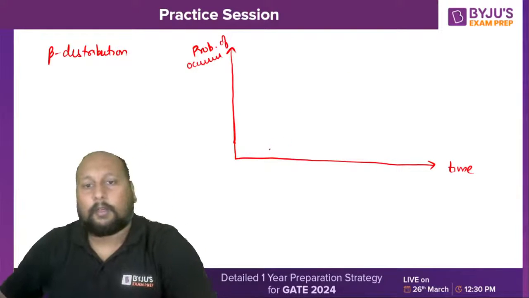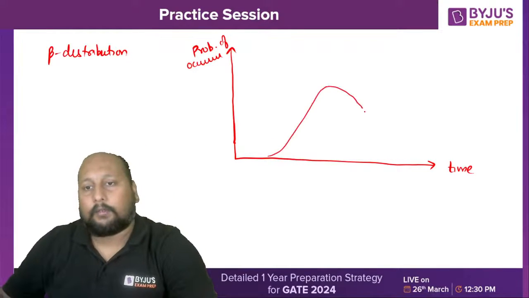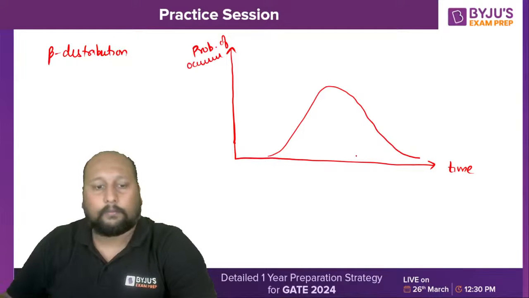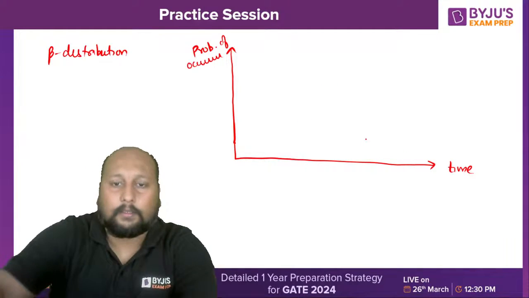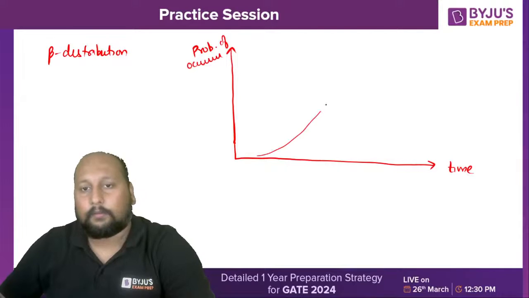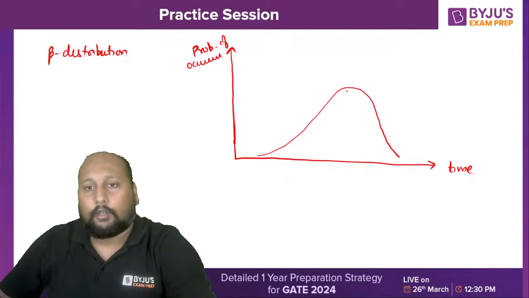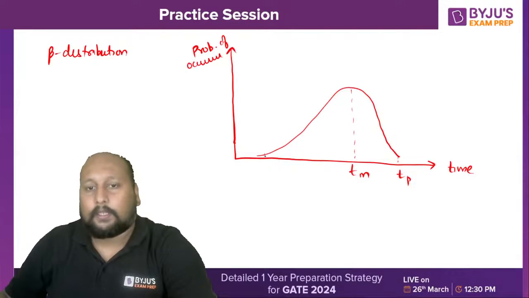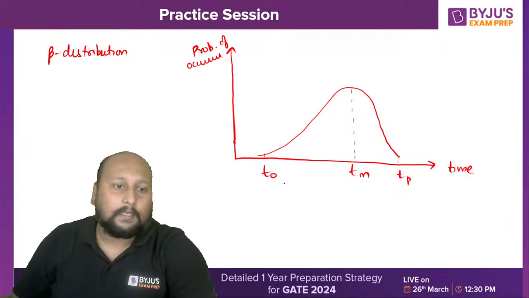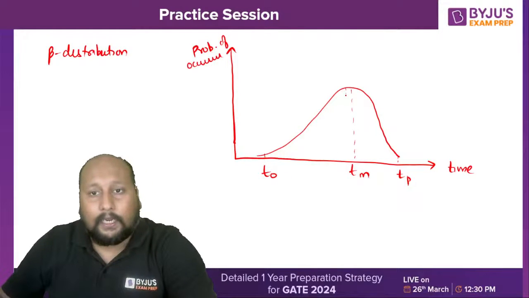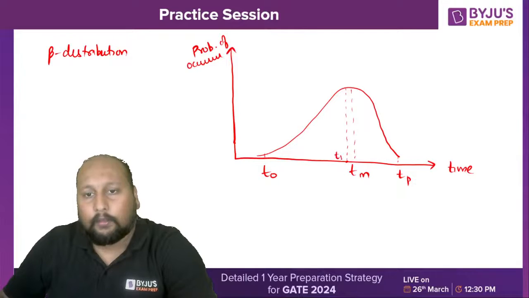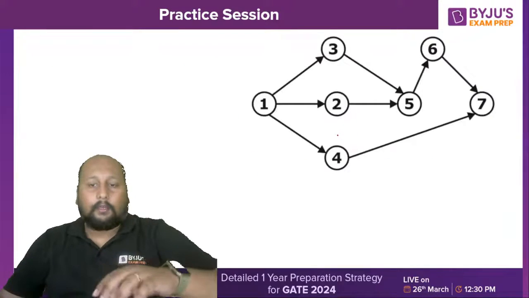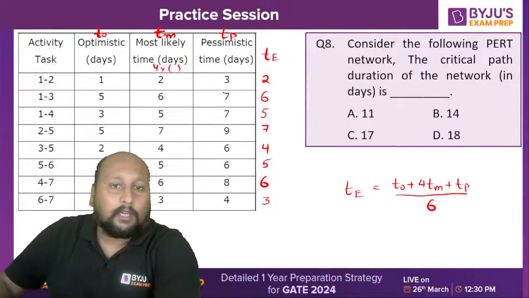It was following a beta distribution like this. Let me draw it a bit opposite of this. So this is your most likely time, this is your pessimistic time, and this is your optimistic time. And the expected time of completion is always situated near TM only. That is the same thing we have observed here also.